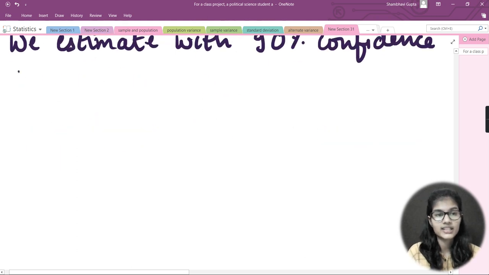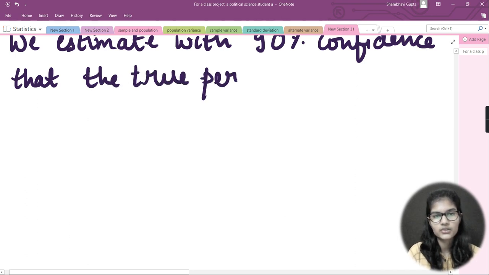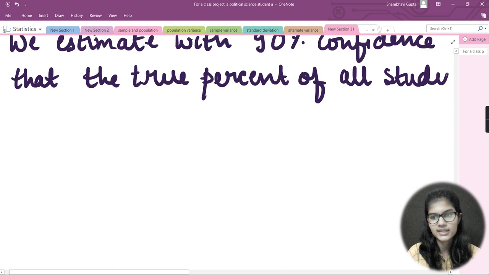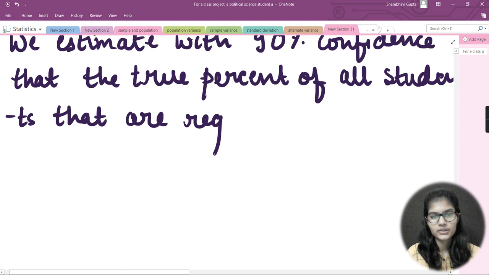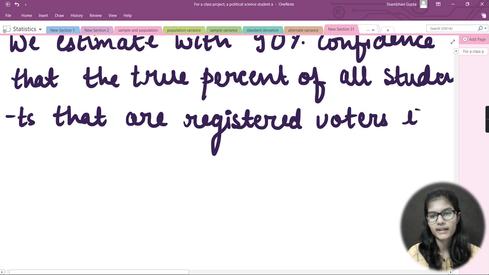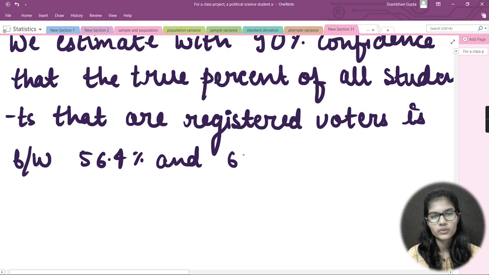We estimate with 90% confidence that the true percent of all students that are registered, that are registered voters, is between 56.4% and 63.6%.